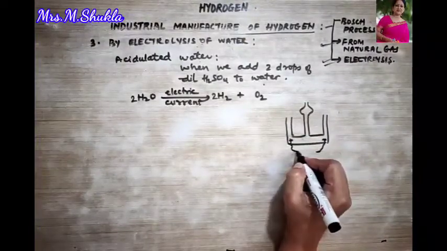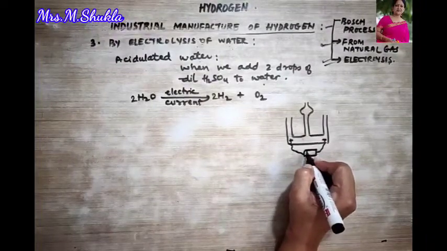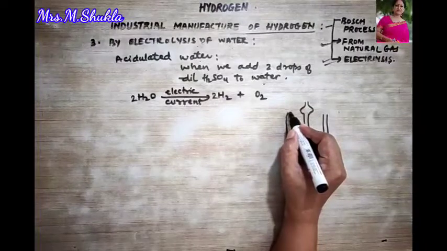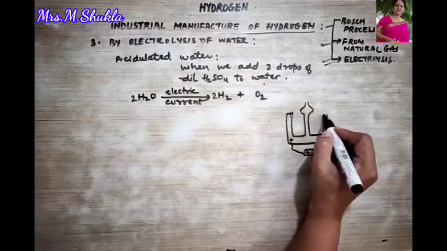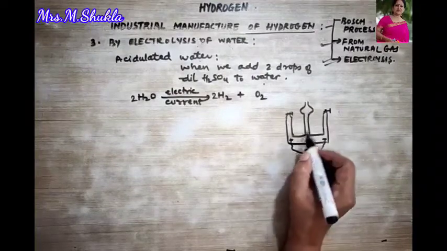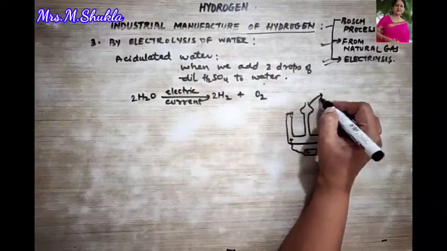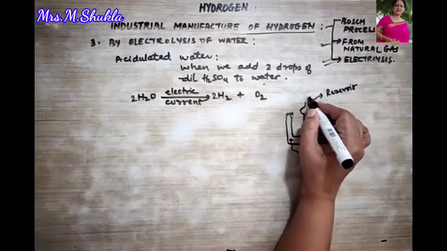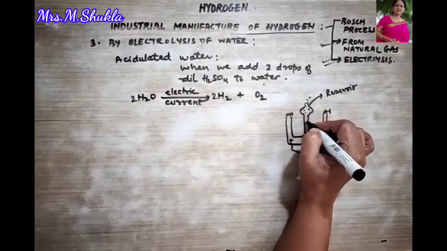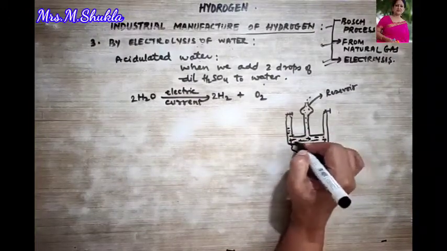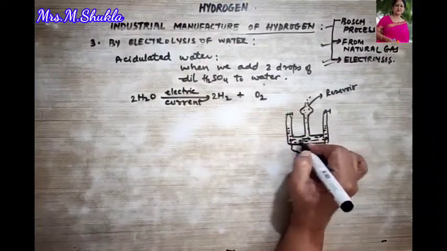This is connected to the battery. This is the positive end, this is the negative end, and this is sealed from the top. From the reservoir we add acidulated water to it.